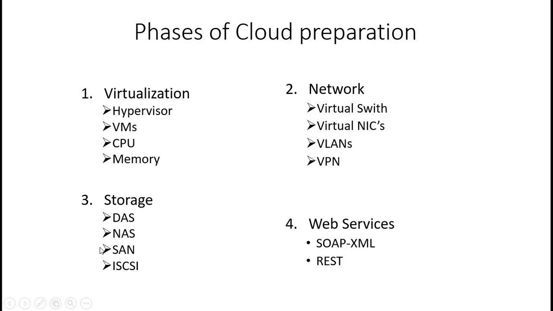Now the cloud has come, so these are all integrated into one thing that is known as compute. We need to have web services, because all these three categories have to be attached to the web to make a cloud. So for web services, we will either use SOAP, XML, or REST API.